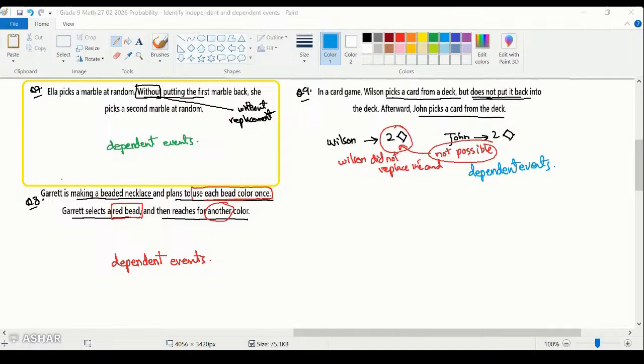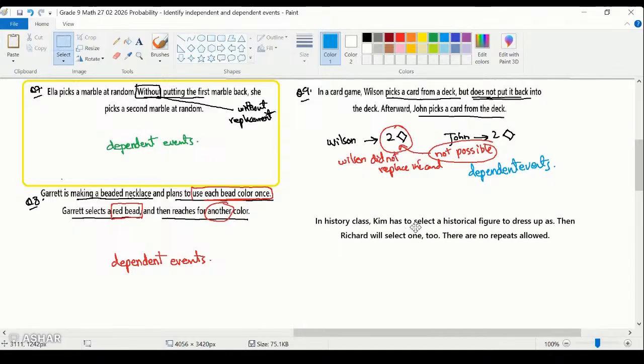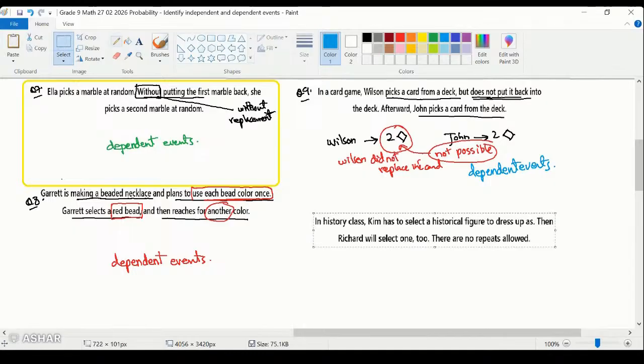Okay. For the next example, in a history class, Kim has to select a historical figure to dress up as. No repetitions allowed.